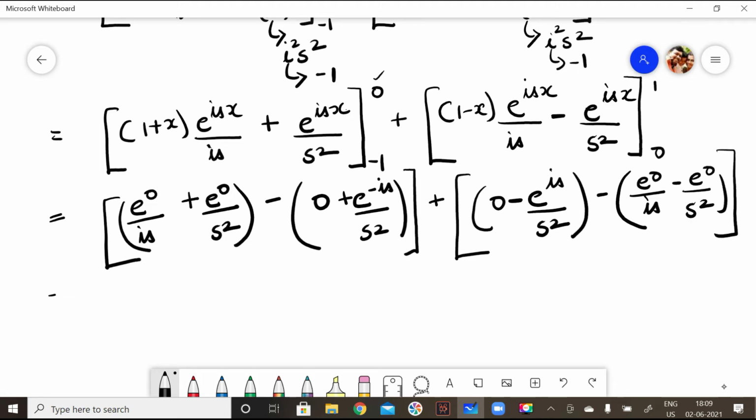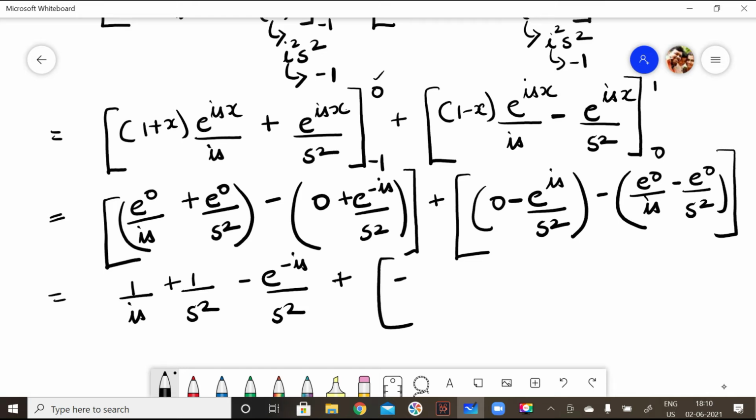Okay. Now, what is e to the power 0? E to the power 0 is 1. So 1 by is plus 1 by s square minus e to the power minus is by s square, plus, we'll have to do this, minus e to the power is by s square. Fine. Minus e to the power 0 is 1.